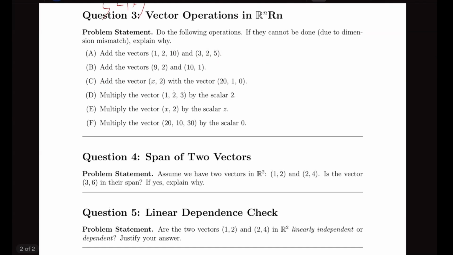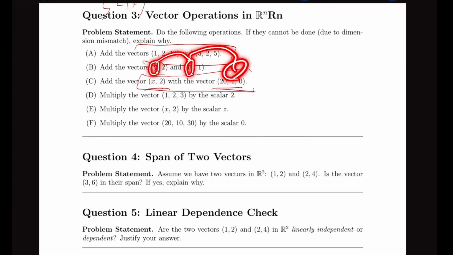Vector operations in Rn. I asked whether these vector operations, the addition of these two, can be done or not, right? For some of them you cannot. Here you cannot because the dimensions do not match. This is dimension 2, this is dimension 3. They don't match, so you cannot do that at all. But for those you can, you add them element-wise. For the entry 1,1, you add them and put it in entry 1,1.